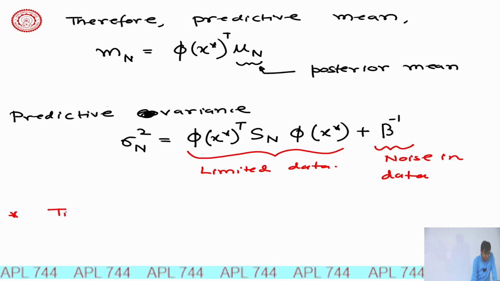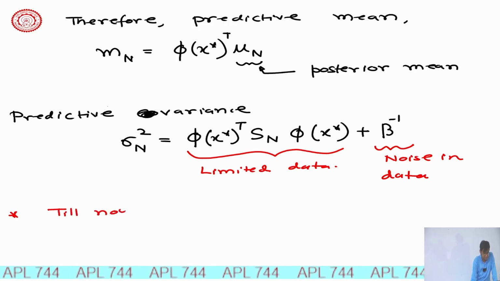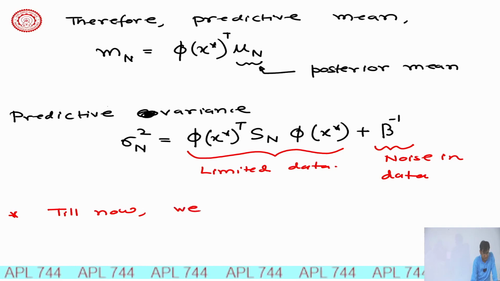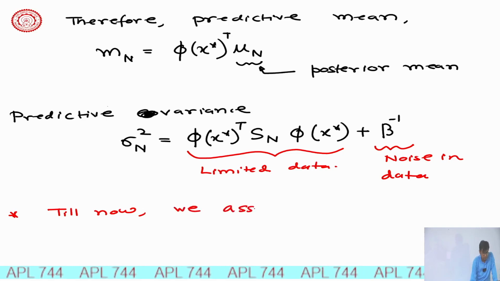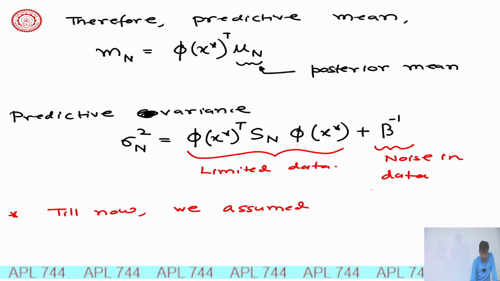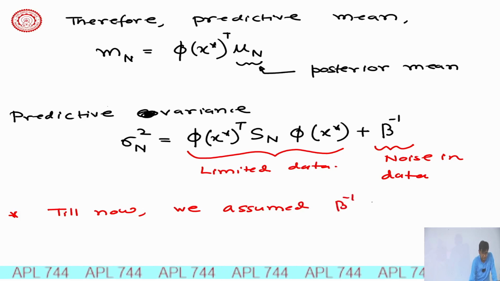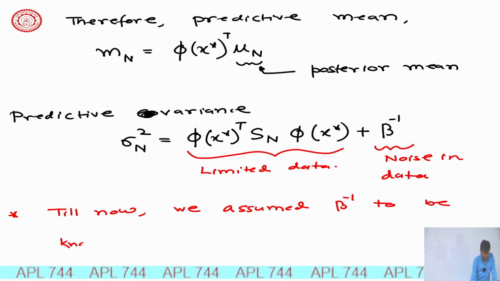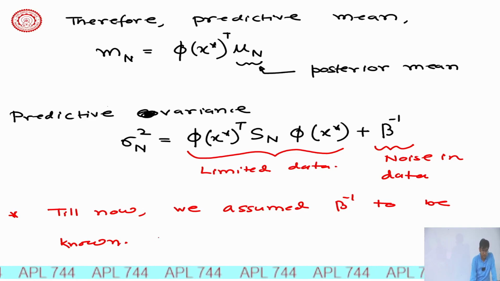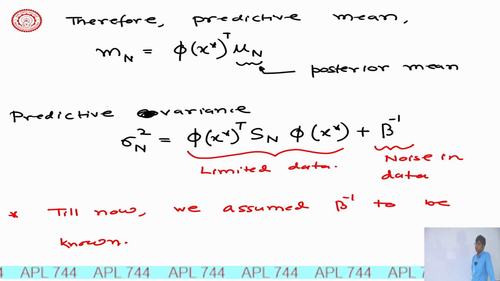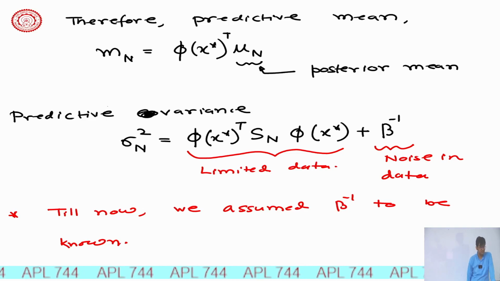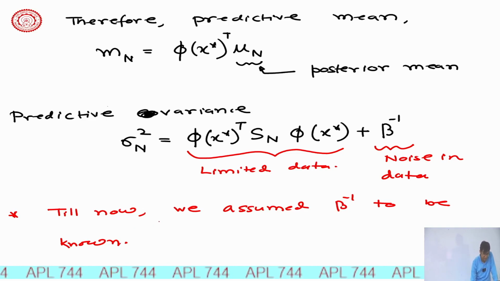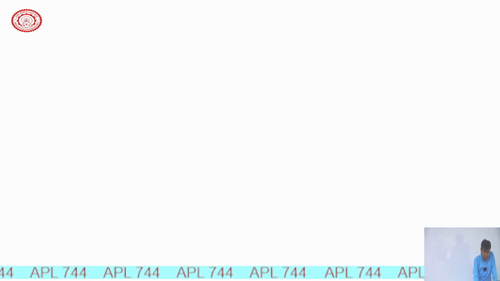Till now we assumed beta inverse to be known. However, that is almost never the case apart from certain cases, one example I gave yesterday.